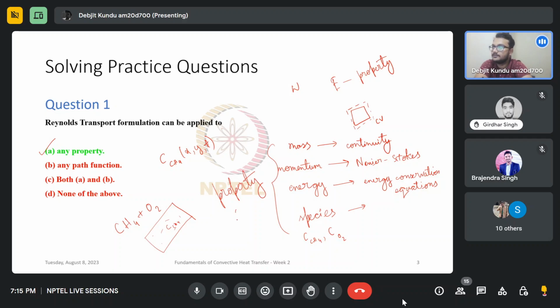Let's say I have any property N. In that case, dN/dt of a system would be equal to the integral of, let's say, some rho dV into, now dN/dm would be some intrinsic property n. So if N is the extensive property, small n would be the intrinsic property. Then something like this, so d/dt of this. Sorry, let me write this down a bit more correctly.